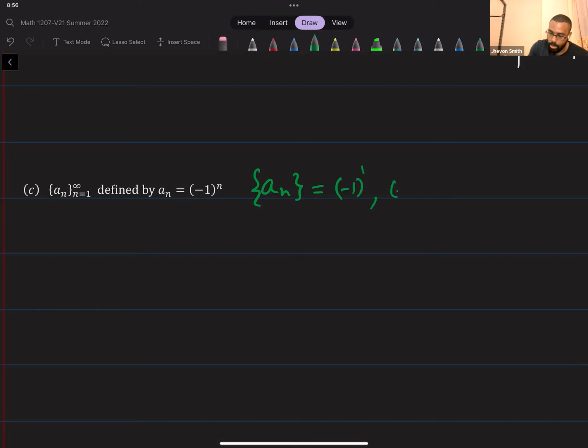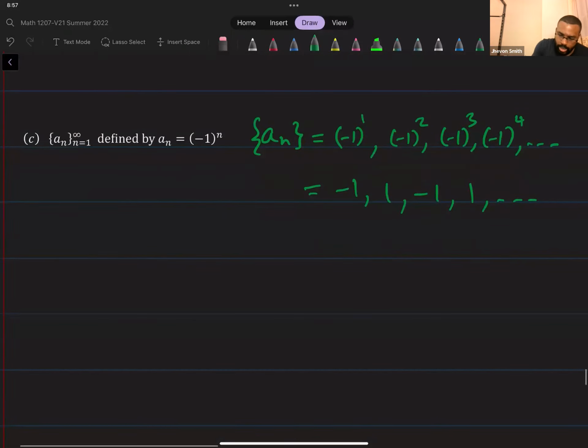Then it goes (-1)^2, then (-1)^3, then (-1)^4, etc. So this here gives you what's called an alternating sequence. So in this case, -1, +1, -1, +1, -1, +1 forever, right?